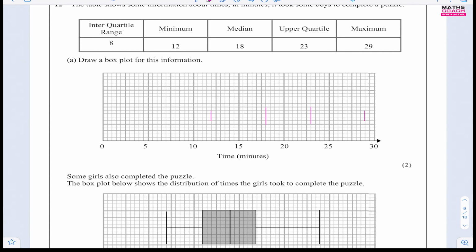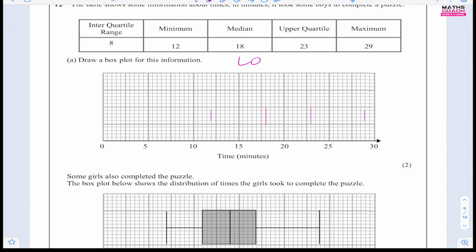Now, we are not given the lower quartile, but we can work out the lower quartile by using the information of the upper quartile and the interquartile range. The interquartile range is the upper quartile minus the lower quartile, and the interquartile range has been given to us as 8, which would mean from this value right here, which is the upper quartile, we'll go back by 8.